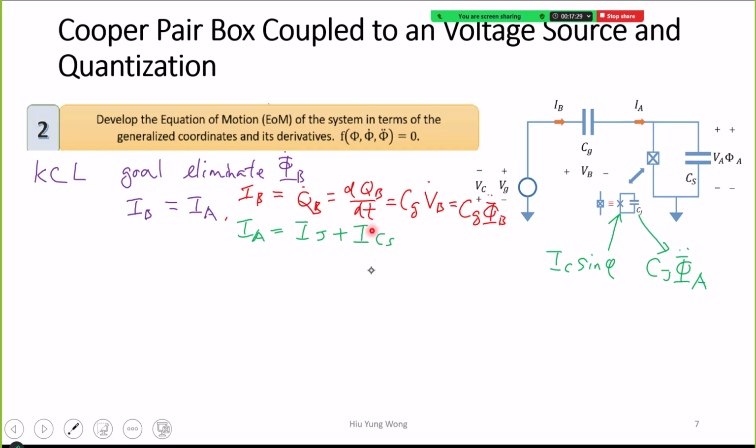Am I clear? So similarly, I have the current through C_S. Sorry, I keep saying the wrong thing. This is C_S phi_A double dot. So the total current for A is I_C sin phi plus (C_S plus C_J) phi_A double dot.